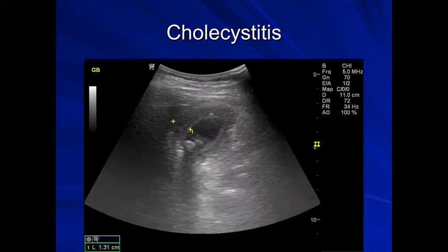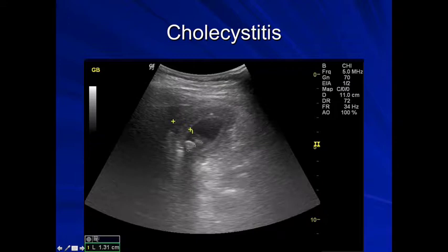So this is the classic sort of finding that you'll see. Here we have the gallbladder. We have a grossly thickened wall measuring 13 millimeters, and it looks like a little layer of edema within that wall. There's possibly a very thin line of pericholecystic fluid here, although it's difficult to be certain on this image. And here we have a multitude of stones.